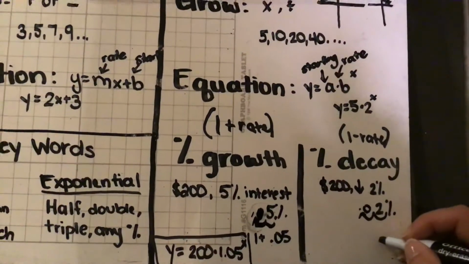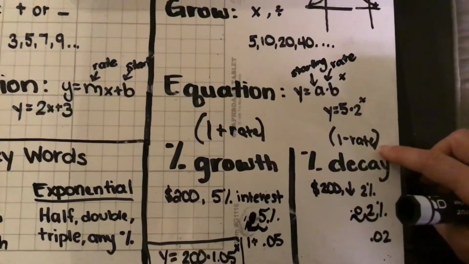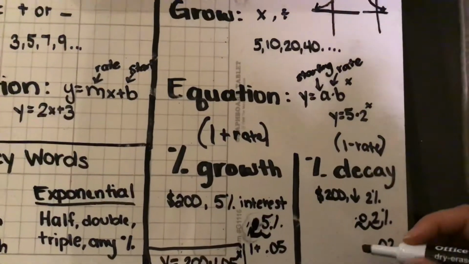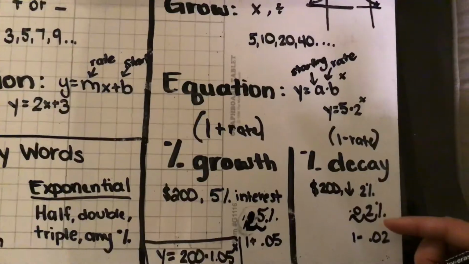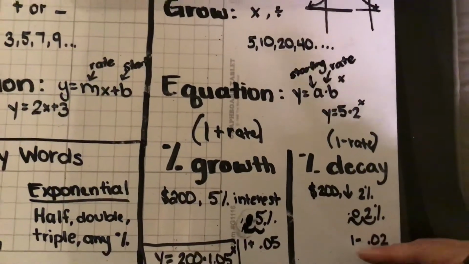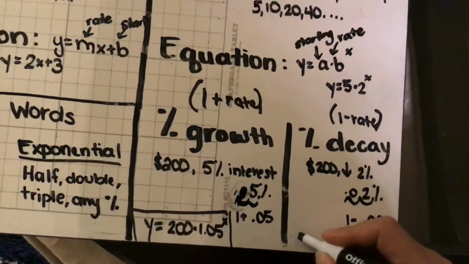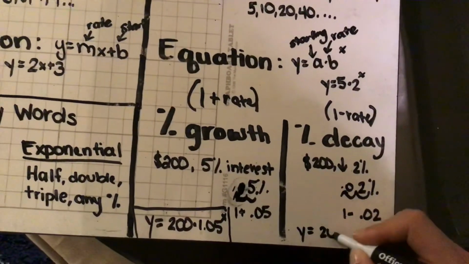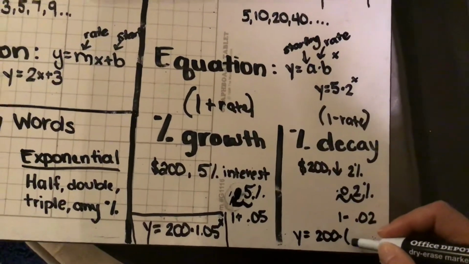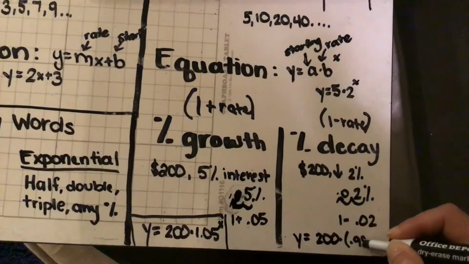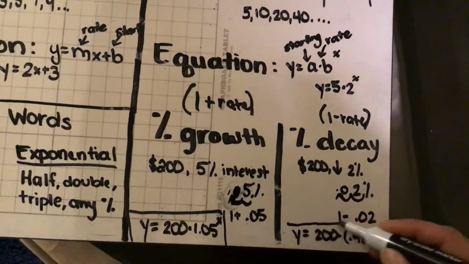Right now, I'm asking how much the painting was worth, so I'm going to have to subtract from 1. So 1 minus 0.02, it lost 2% of its value, but it still has 98%. So we're going to have y equals 200, that's my starting amount, times, you can put this in your calculator, 0.98 to the x power. That's going to be your new equation there as well.